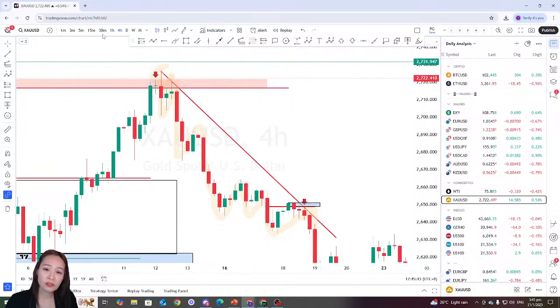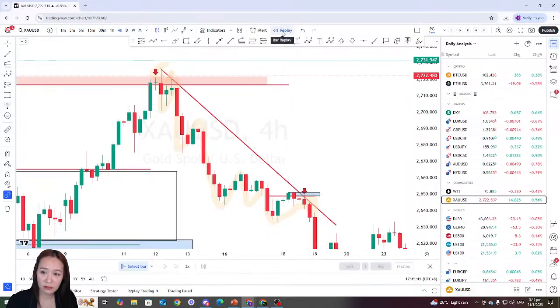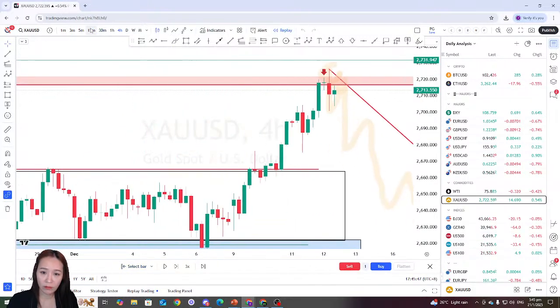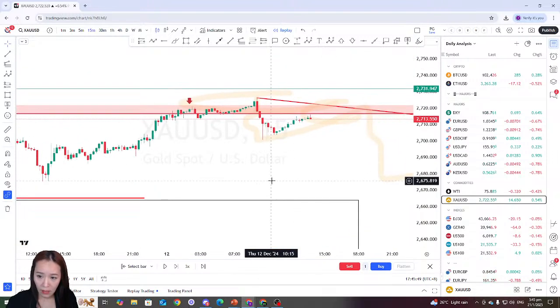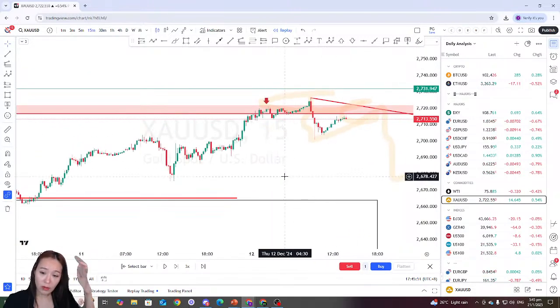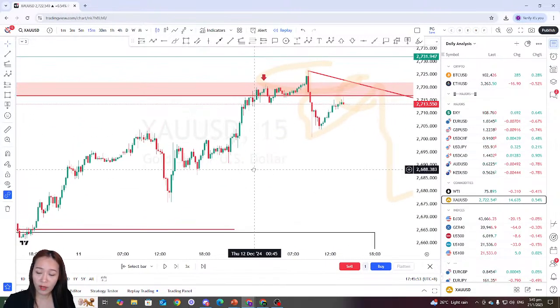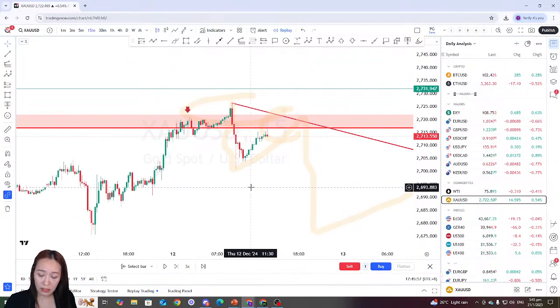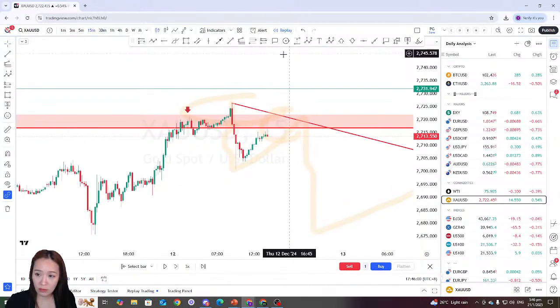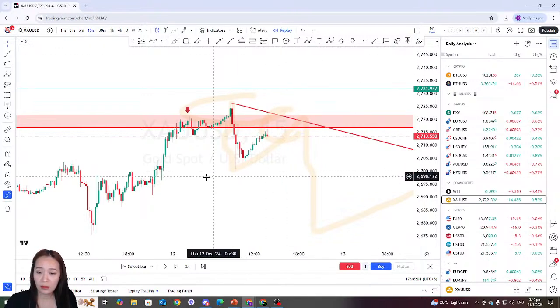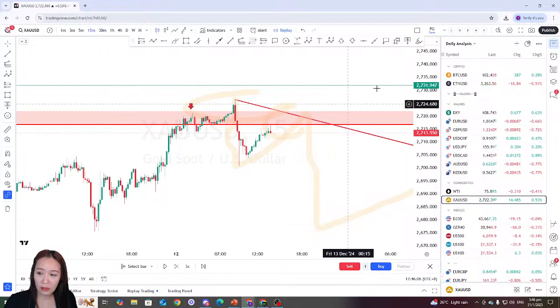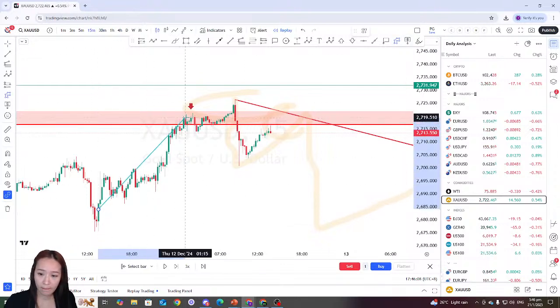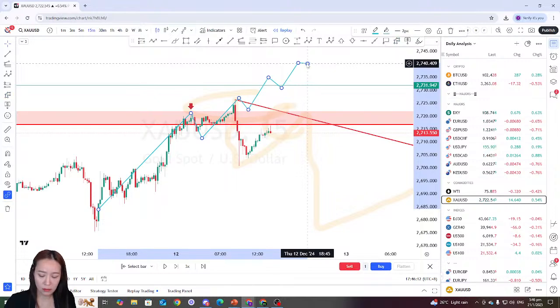What if you go to the lower time frame to look for confirmation somewhere around this zone? If you want to look for confirmation, remember that you need to wait for a market structure shift, meaning that if price on the lower time frame wants to continue to go bullish, it needs to continue making higher highs and higher lows, okay?